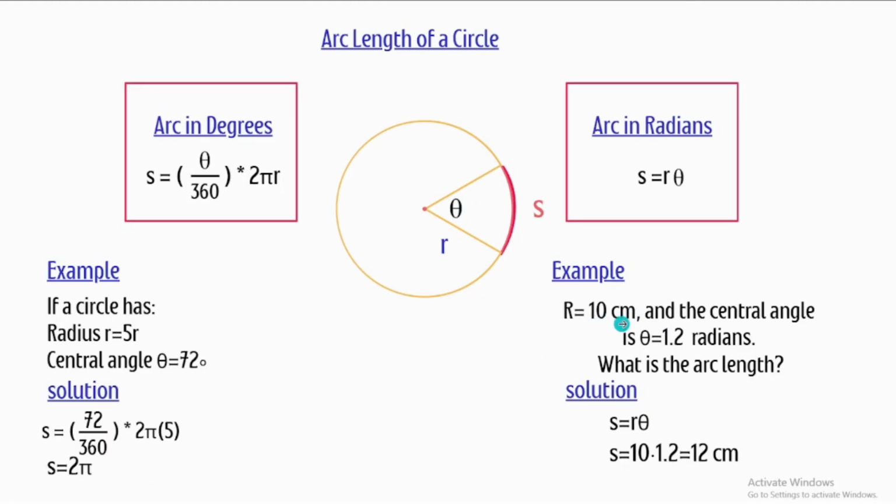If the radius equals 10 centimeters and the central angle is 1.2, as I said before, radians give numbers that are not common for us. We know the angle 72, but we didn't see before the angle 1.2. This is the angle in radians. What is the arc length? S equals r theta, so we multiply 10 times 1.2 equals 12 centimeters.